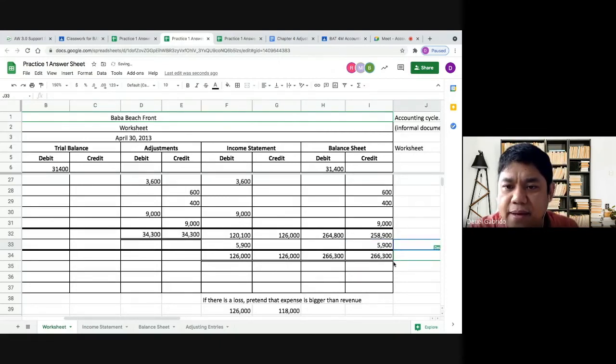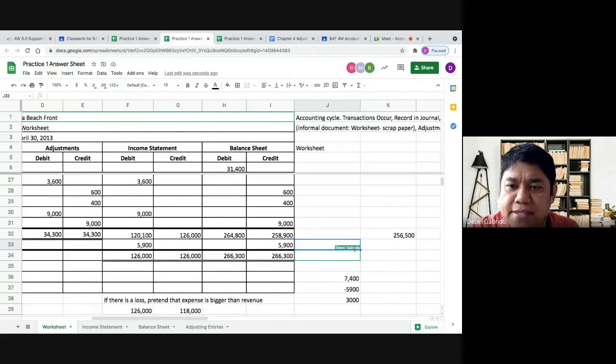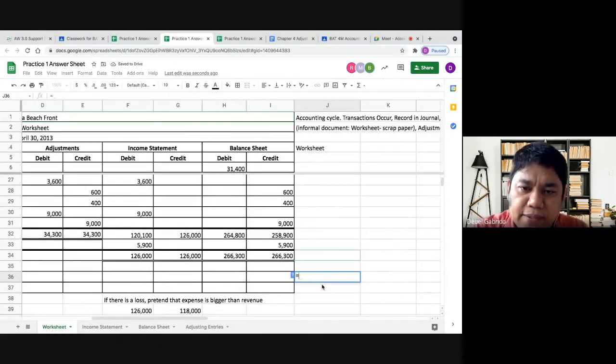It will give us 266,300. Actually, let's do the formula again so that you will know. This one equals this minus this, and the answer.